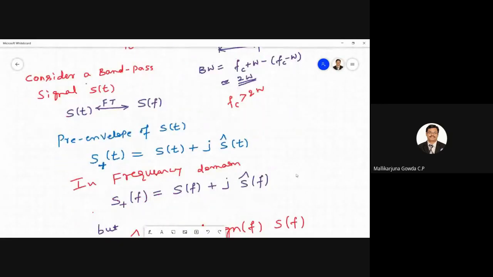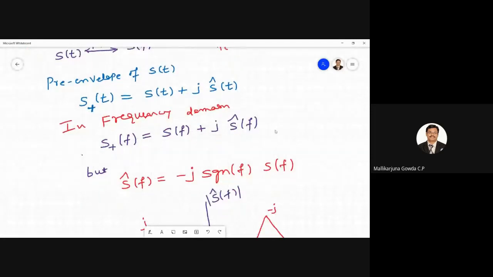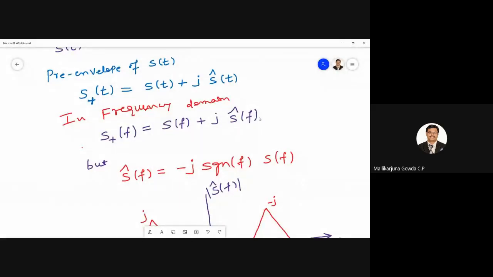Then since I already know what is S cap of f, I found the magnitude spectrum of S cap of f. Then I multiplied with j, just to find j into S cap of f. Then I added S of f and j into S cap of f to get the pre-envelope of the bandpass signal.